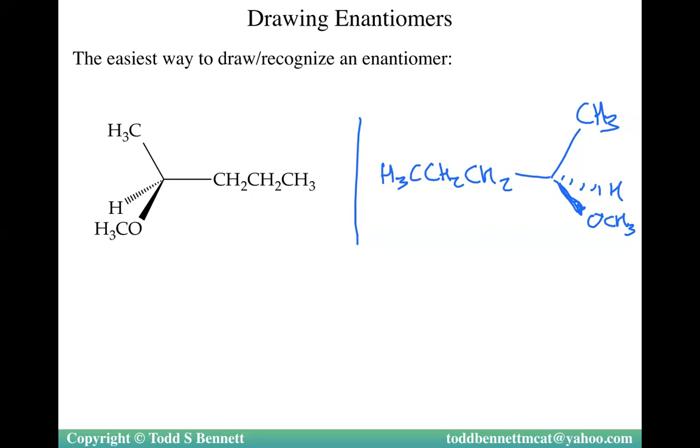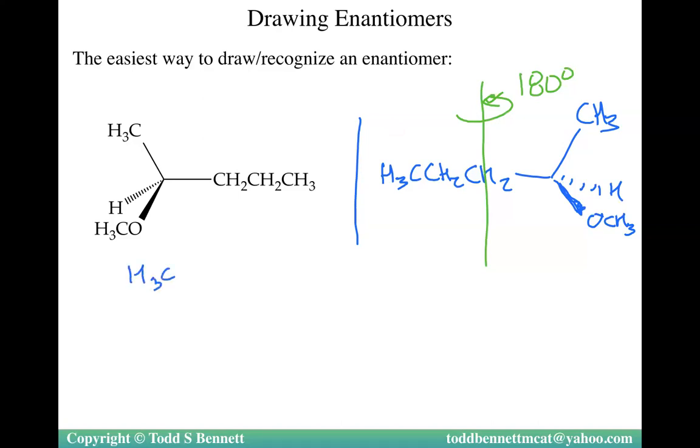Okay, bear with me, because what I want to do is take an axis right about here, let's say. I want to rotate it by 180 degrees. And I'm going to redraw it over on this side. So if I do that, this CH3 will come all the way over here.